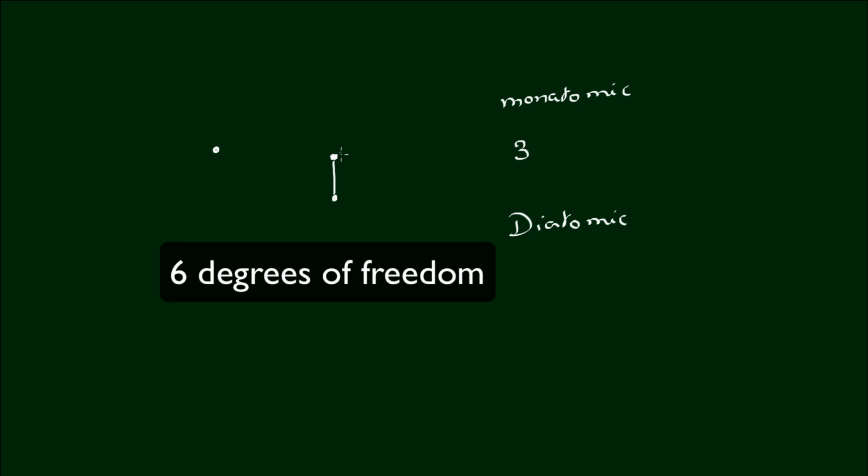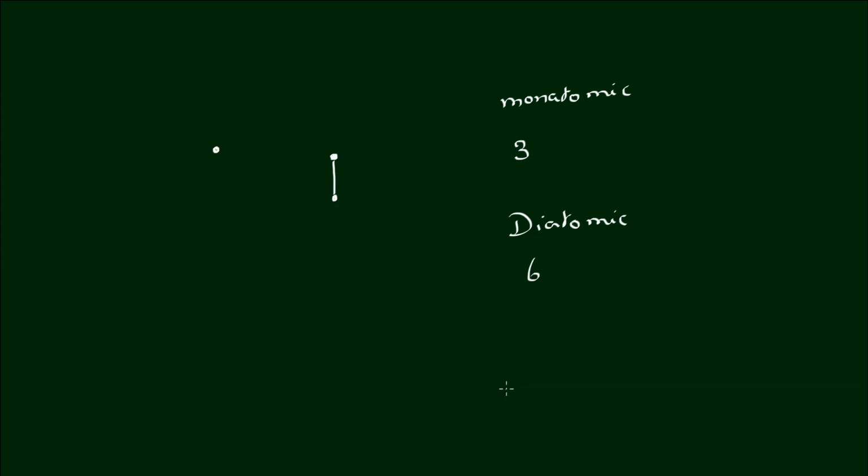What if it's a diatomic molecule? If it's a diatomic molecule, there are 2 atoms. So this is monatomic. What about a diatomic molecule? A diatomic molecule has got 2 atoms, and a complete description of the configuration of the molecule requires 6 numbers, 3 coordinates for one atom, 3 coordinates for the other atom, 6 degrees of freedom.